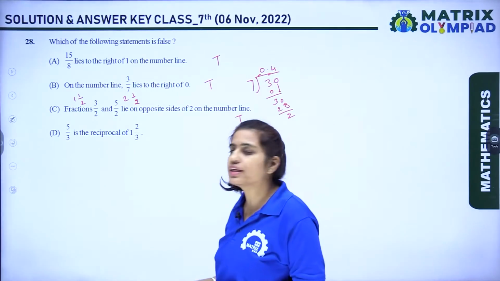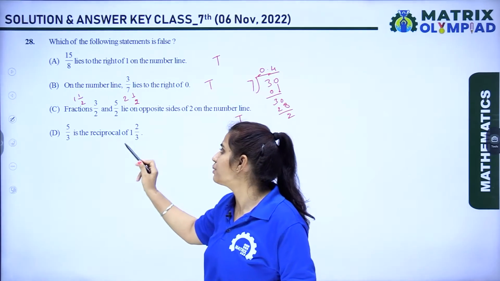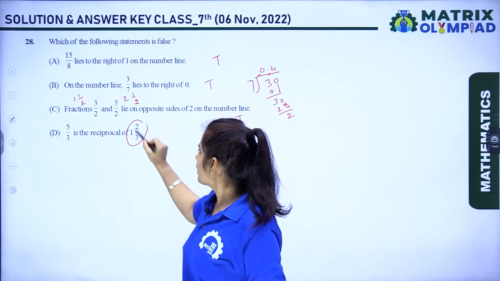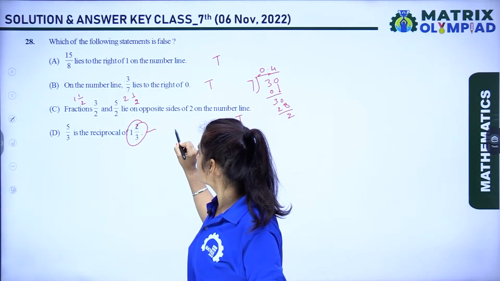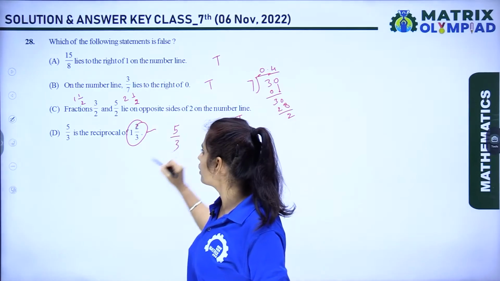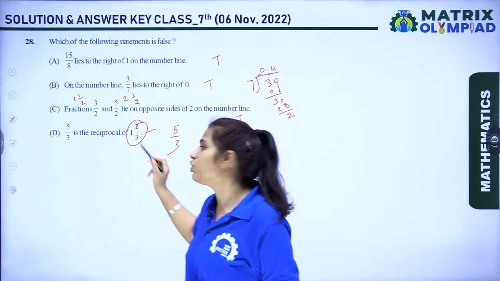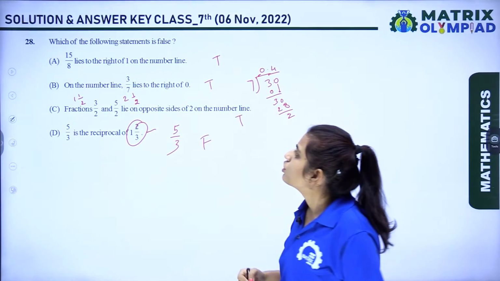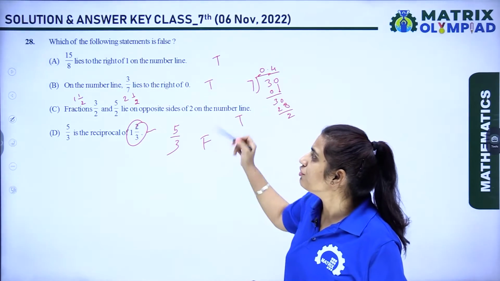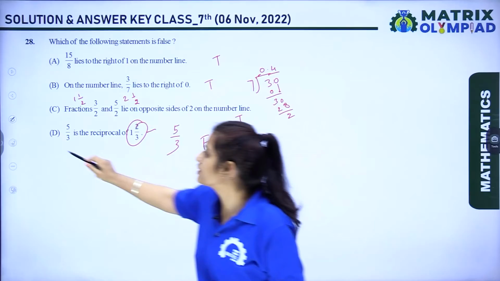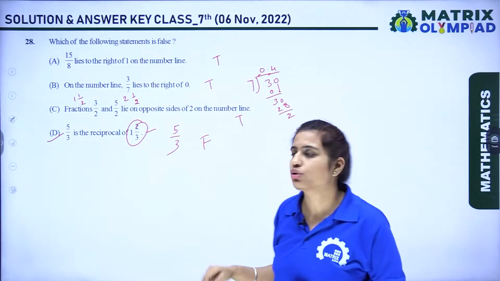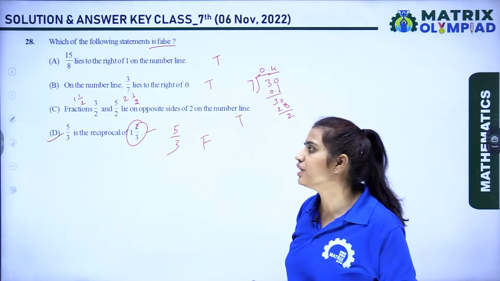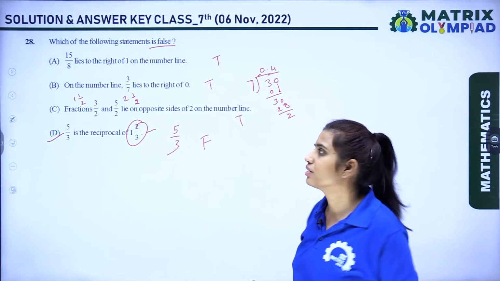Now option D is 5 upon 3 is the reciprocal of 1 2 upon 3. This can be written as 5 upon 3. So is 5 upon 3 the reciprocal of 5 upon 3? No, this statement is false. So we can say that out of these 4 options, option D is the correct answer according to the question, as we have to find out the false statement. So option D is the false statement.